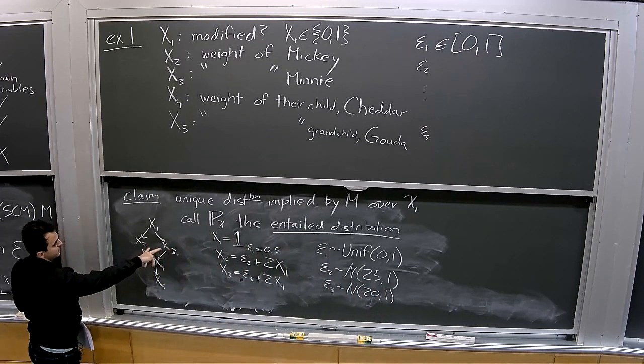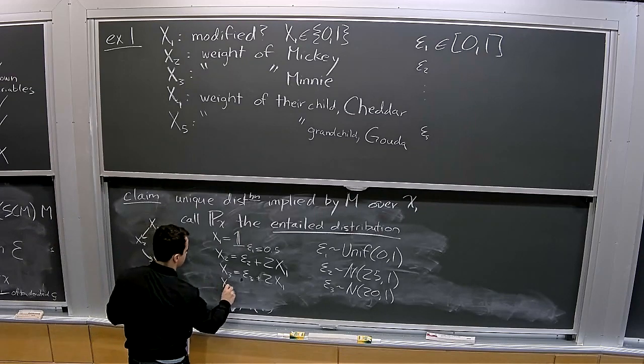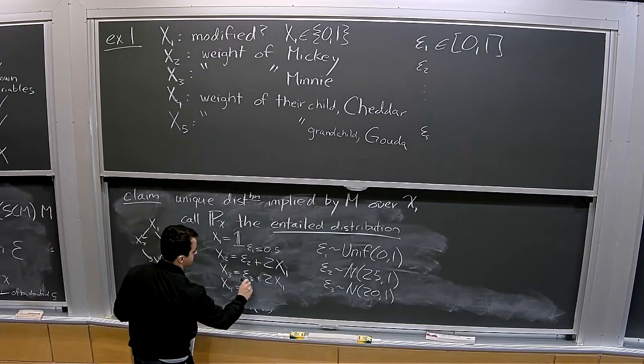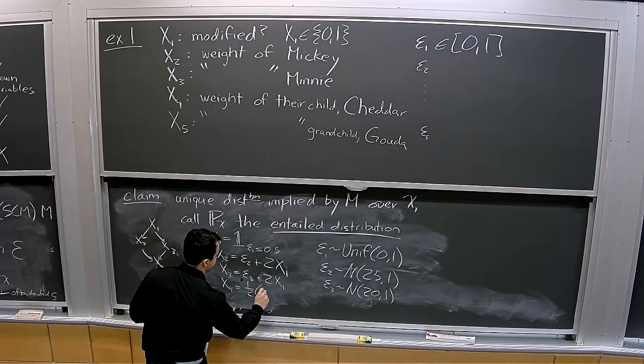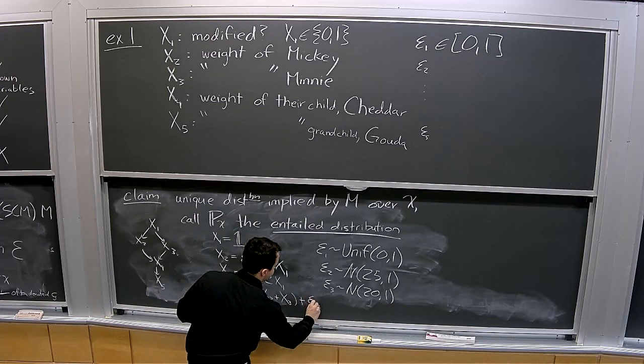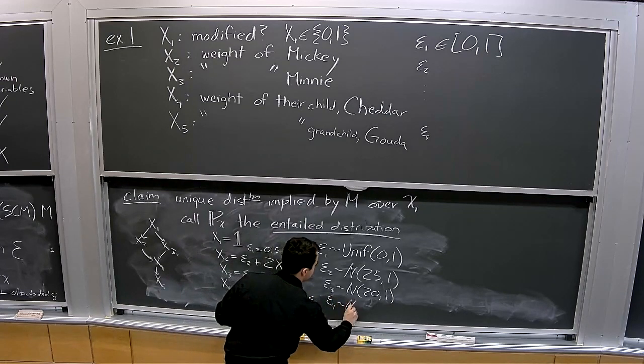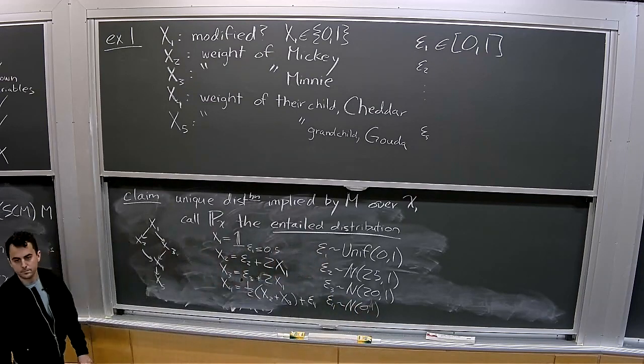Okay, now I have maybe, if I don't know the gender of the child, my best guess is going to be that it's a half. So just the average of these weights plus some extra noise, epsilon 4, which is now 0 centered. Standard normal.